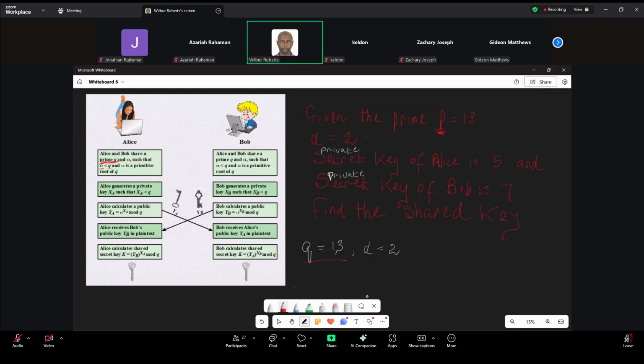All right, anybody made some headway as yet? So I got the shared key to be 2. All right, so we have Q. What are the other terms we have? We have Q equal to 13, alpha equal to 2. What else could we find out from the information given in the problem?